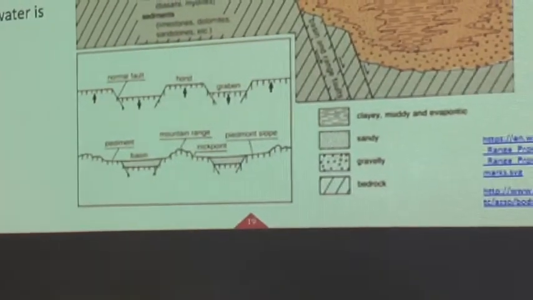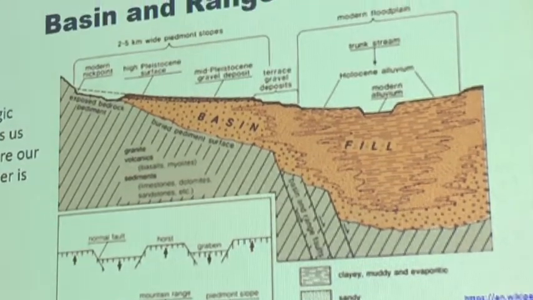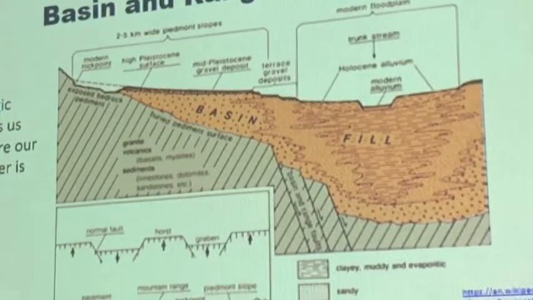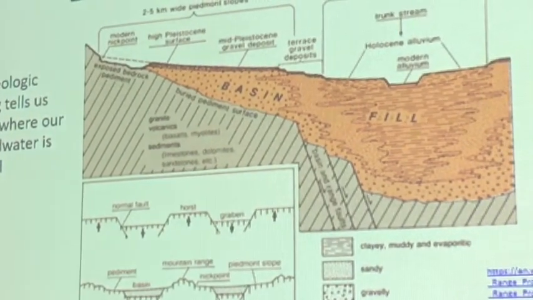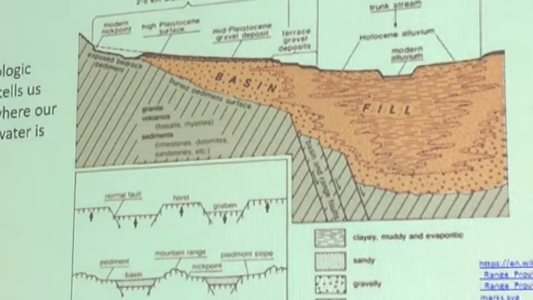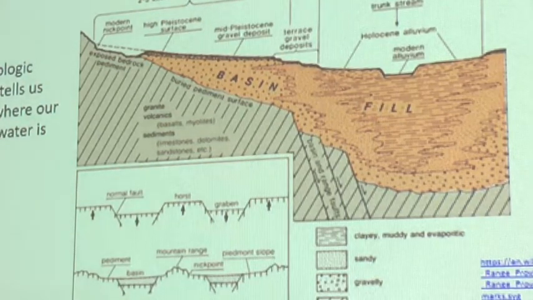I'm going to start by backing up a little bit and talking about the geology of our basin and our region. It's called the basin and range, and it basically is normal faulted bedrock that has been filled in with a lot of sand and silt off of the mountains to fill up these big basins.